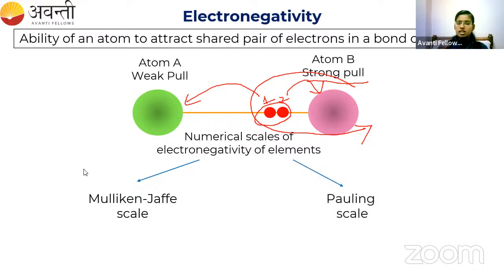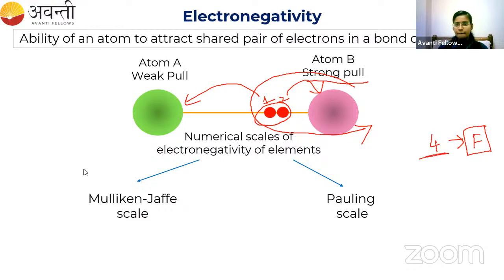So we are using this Pauling scale of electronegativity only. Okay. So in the Pauling scale of electronegativity, the number 4 is given to the element fluorine. And this fluorine element is the most electronegative element in the periodic table. Okay. So in the Pauling scale, the fluorine was given with the value 4.0.